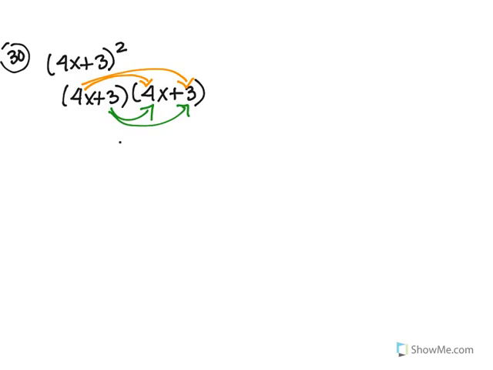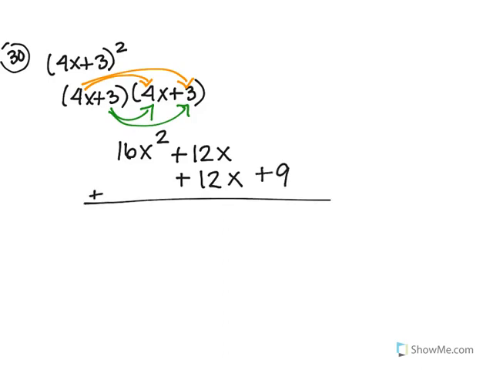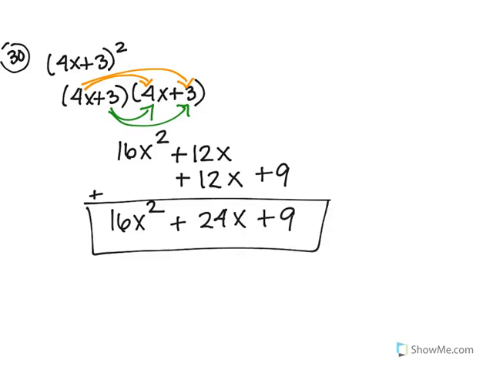So 4x times 4x would give me 16x squared. 4x times 3 is going to give us 12x. Then we're going to say 3 times 4x, which is going to give us 12x. And 3 times 3 will give us positive 9. And then we're going to combine 12x plus 12x, which will give us 24x. And I bring down my 16x squared and my plus 9. Just reminding you of stuff like that.